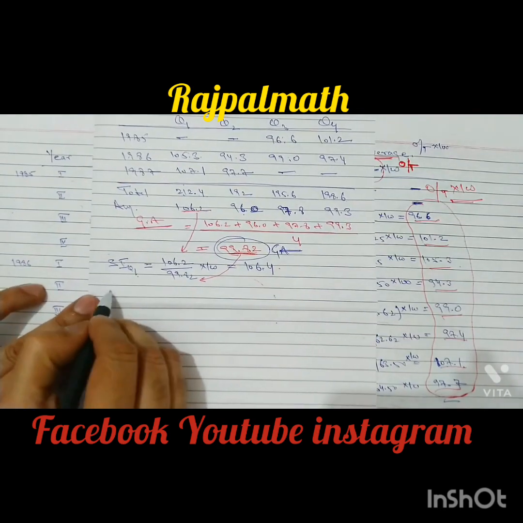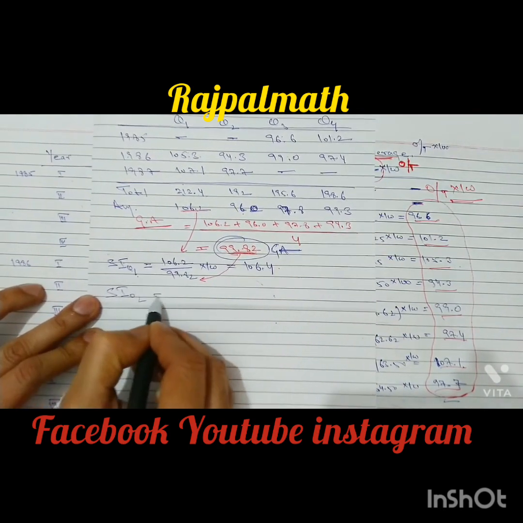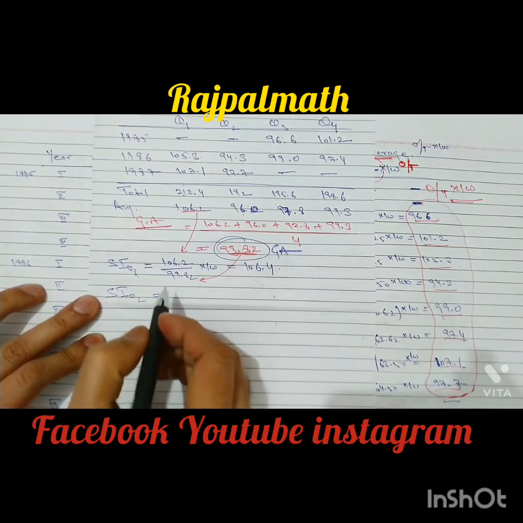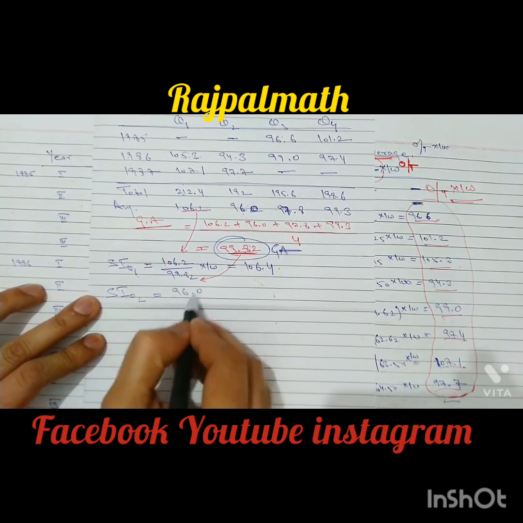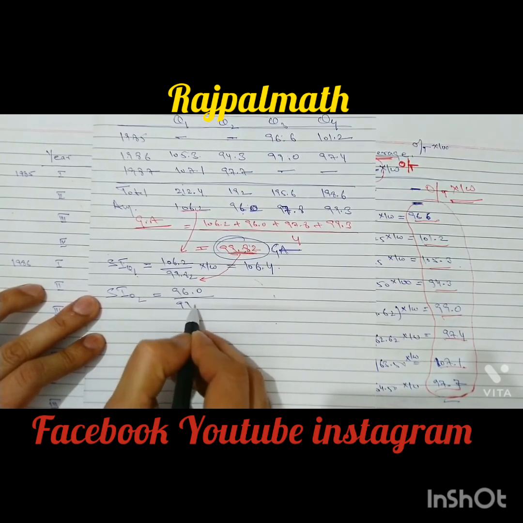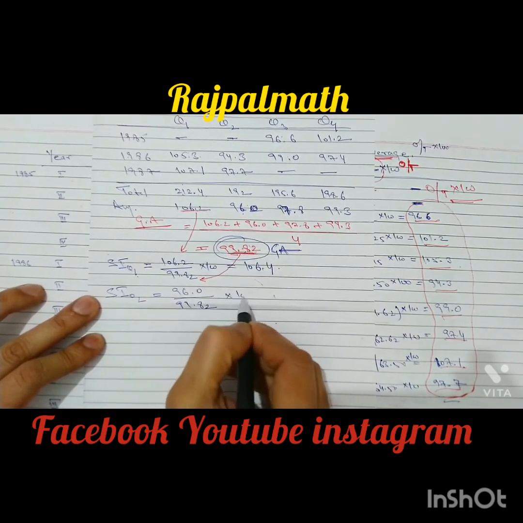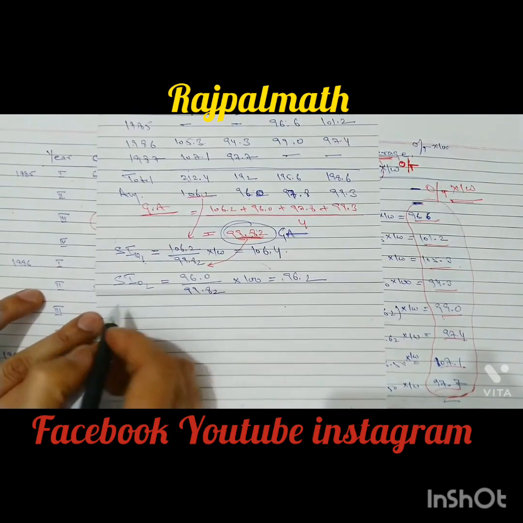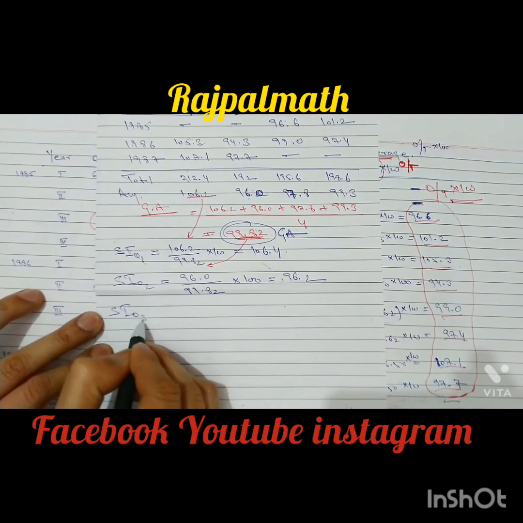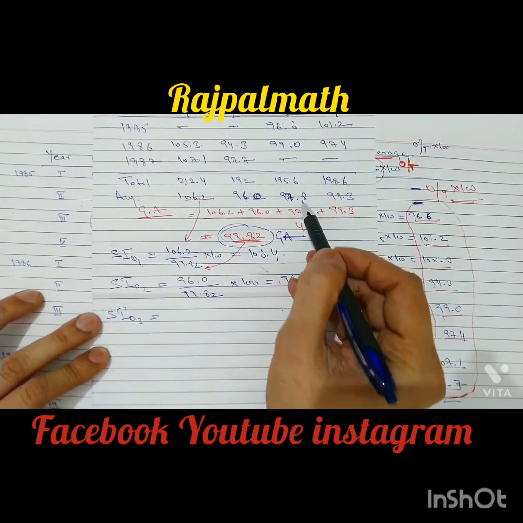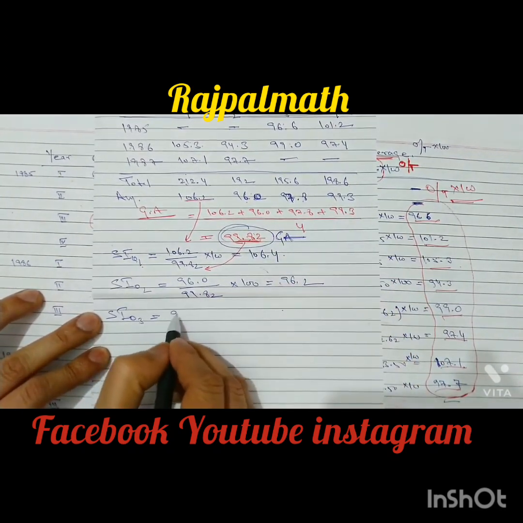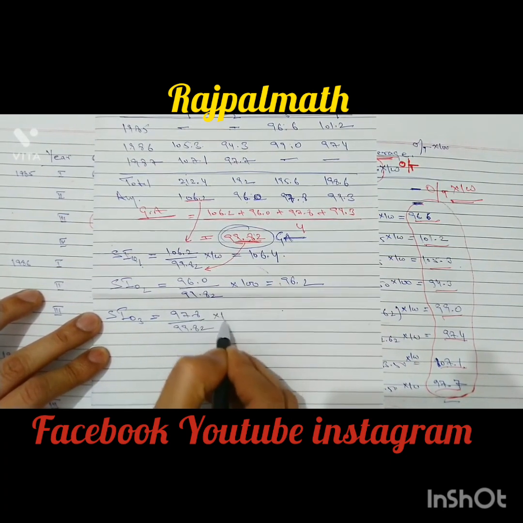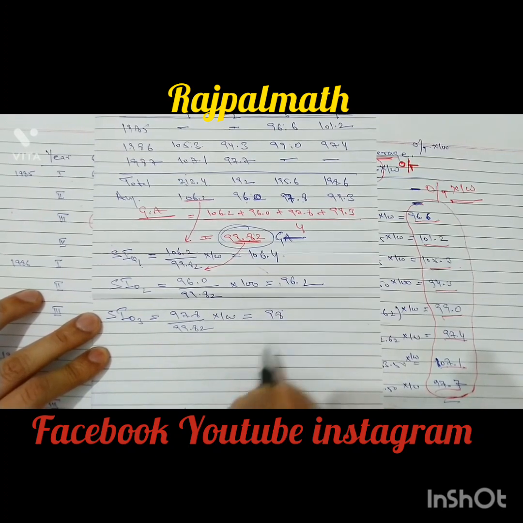Then the seasonal index for quarter 2 equals the quarterly average for quarter 2 divided by the general average. 96.0 divided by 99.82 into 100 comes out to be 96.2. For next, the seasonal index for quarter 3: 97.8 divided by 99.82 into 100 comes out to be 98.